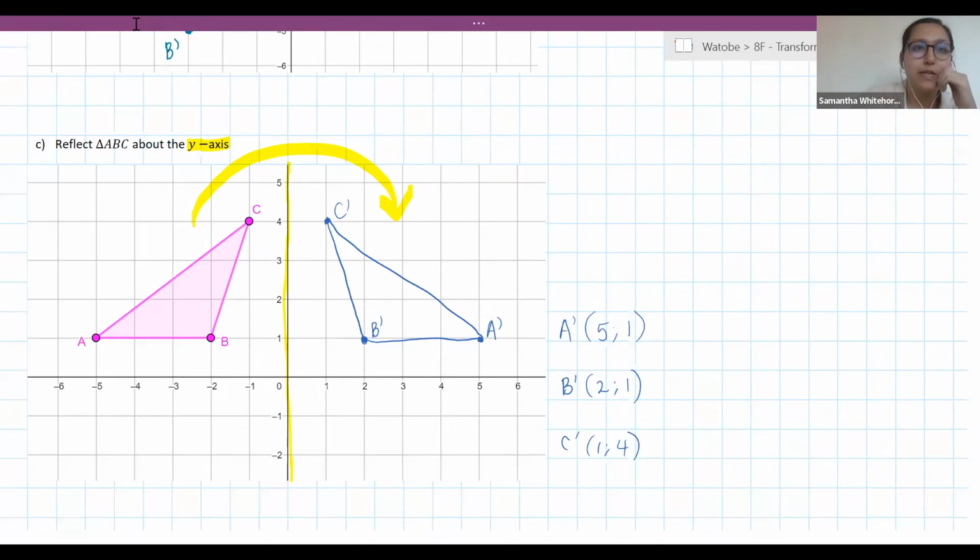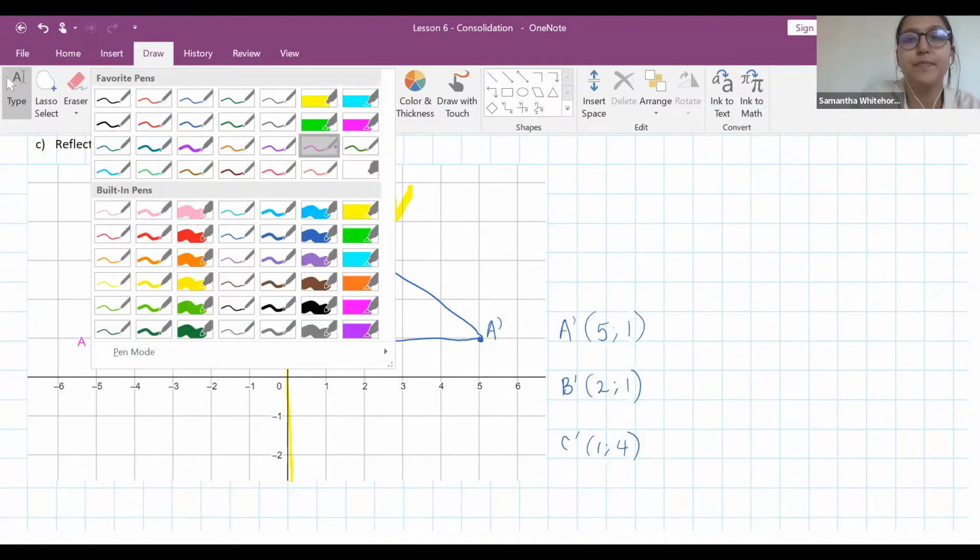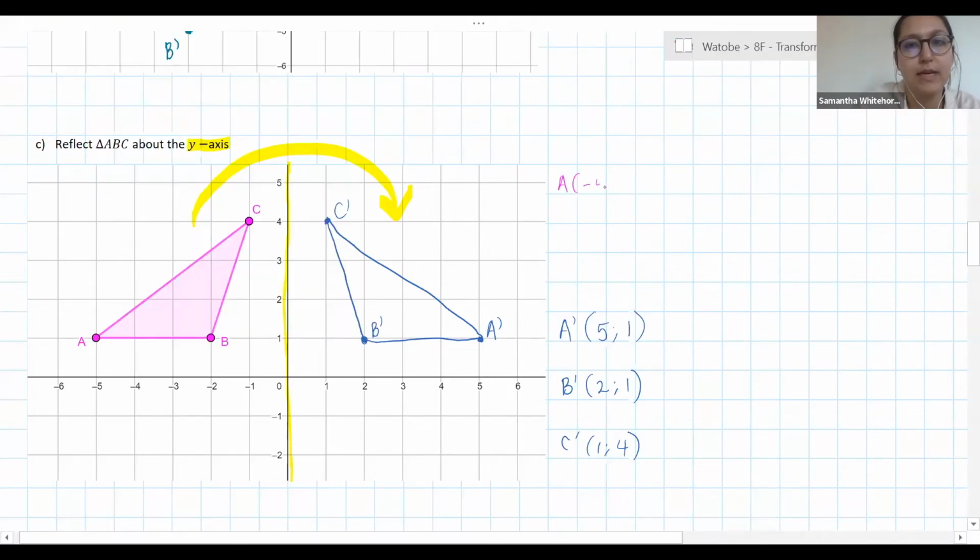So what we can see here is if I write down the original coordinates of my triangle, A was at -5, 1, B was at -2, 1, and C was at -1, 4.